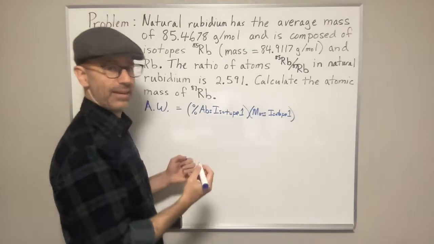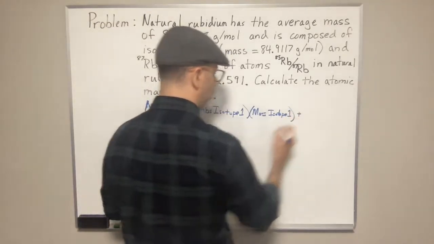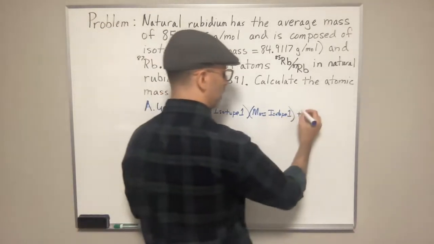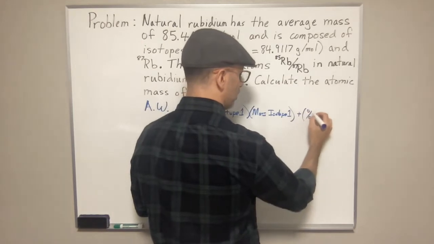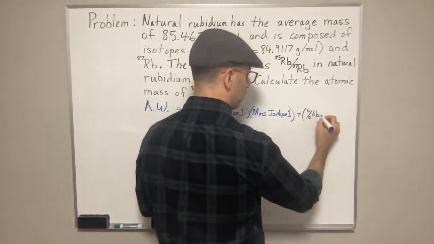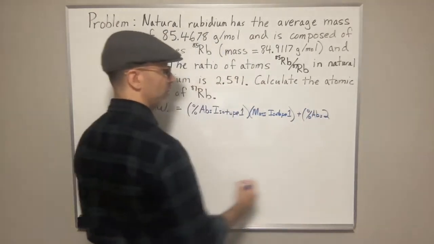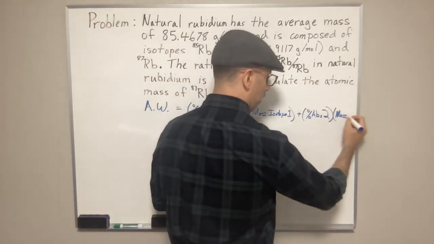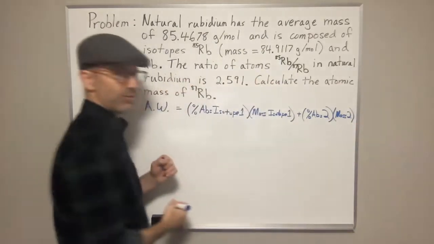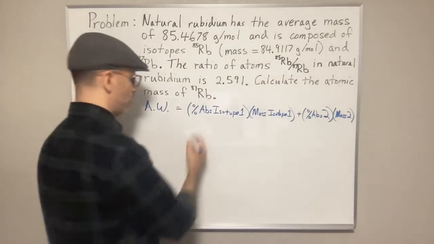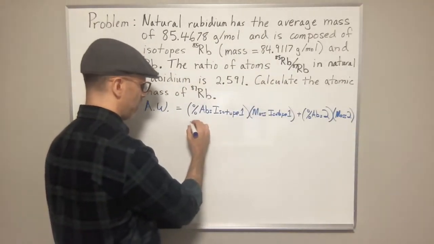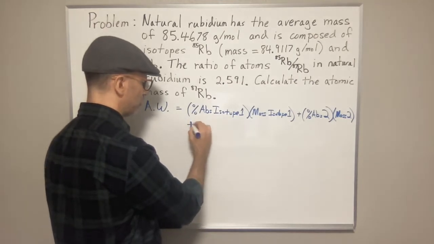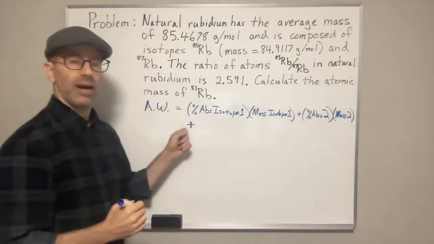And then you're going to add to that the same thing. So if we have another isotope, it would be the percent abundance of isotope number 2 multiplied by the mass of isotope number 2, followed by whatever other isotopes I have, I would keep adding.